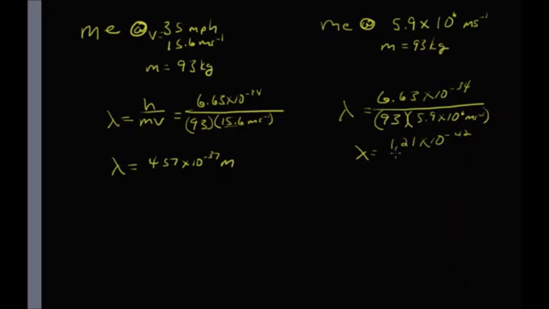The reason why this is so much smaller, we'll talk about next time when we talk about Heisenberg's uncertainty principle. But I'm moving, and so it's harder to tell where I'm at. And so my wave function is way bigger, or I'm sorry, way smaller than this one. No, actually, I'm saying that backwards.